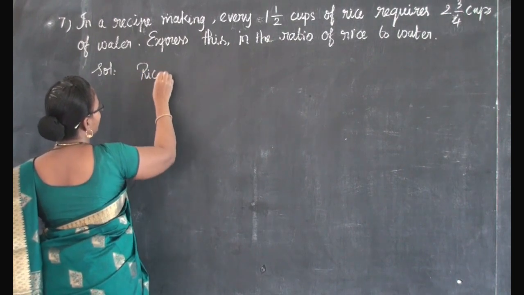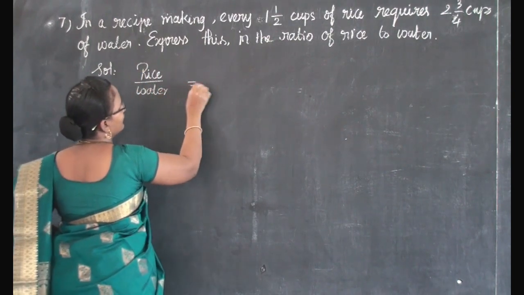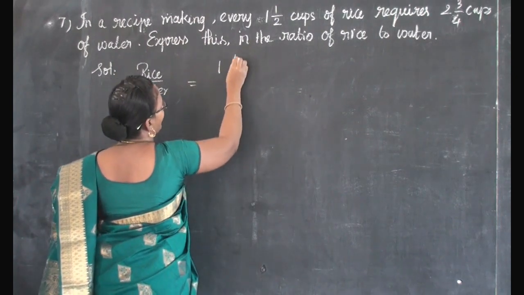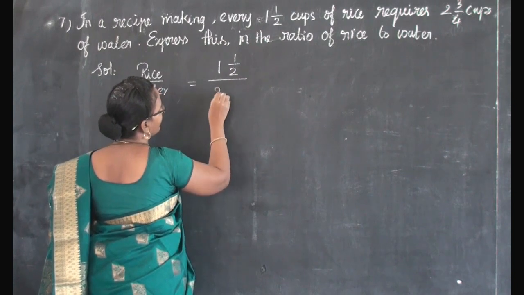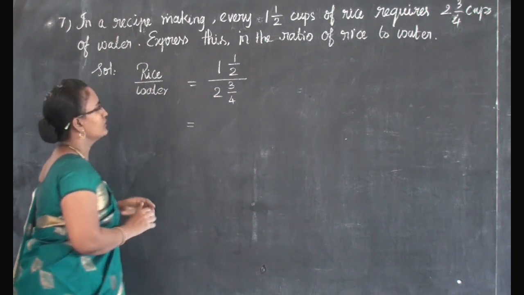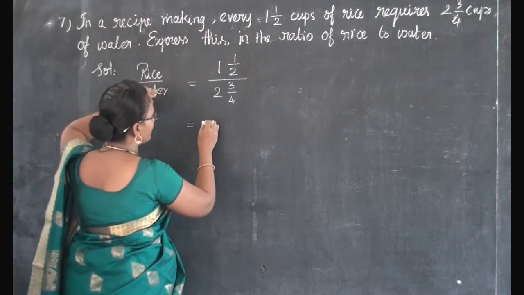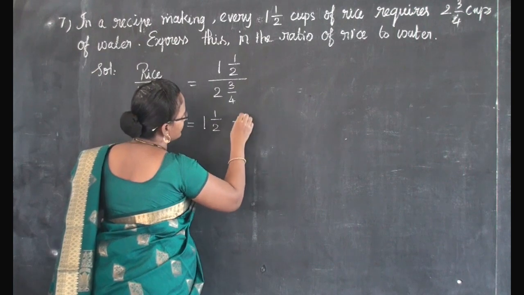So rice by water, that is 1 by 2 by 2 3/4. This one is in division form. So I write down like this.